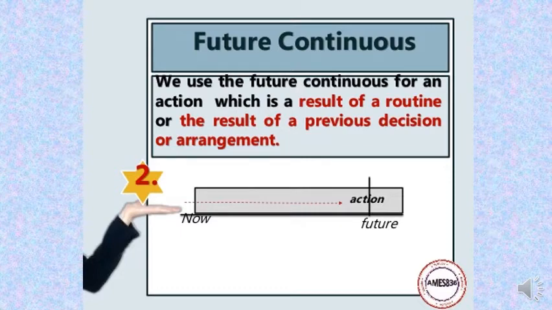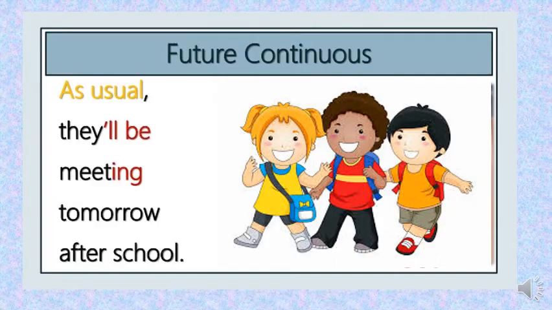Rule number 2. We use the future continuous for an action which is a result of a routine or the result of a previous decision or arrangements. For example, as usual, they'll be meeting tomorrow after school.